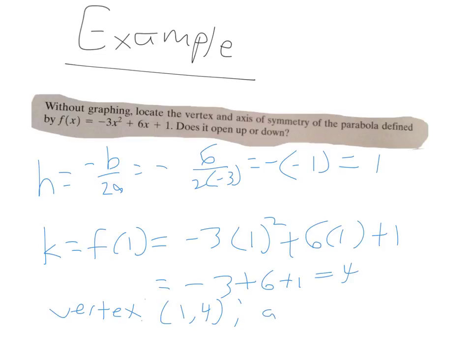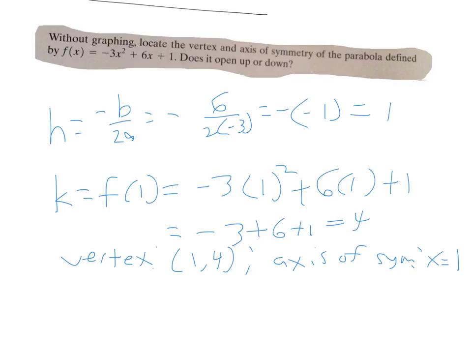And that tells you the axis of symmetry is x equals the x part of the vertex, which is 1. And since the number in front of x squared is negative, it opens downward.